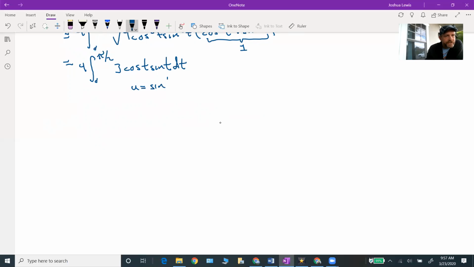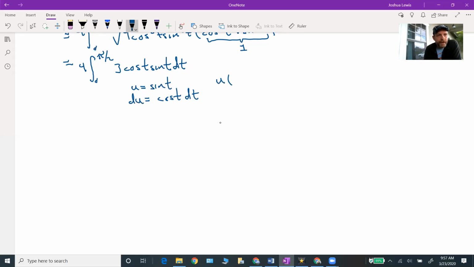I'm going to choose u to be sine t, so du would be cosine t dt. And now my bounds I need to adjust as well. And here's where you need to be careful. Remember at the beginning I said let's go from 0 to pi halves so that we don't accidentally go from 0 to 2 pi and think of our displacement as having been 0, since we're coming back to where we started.